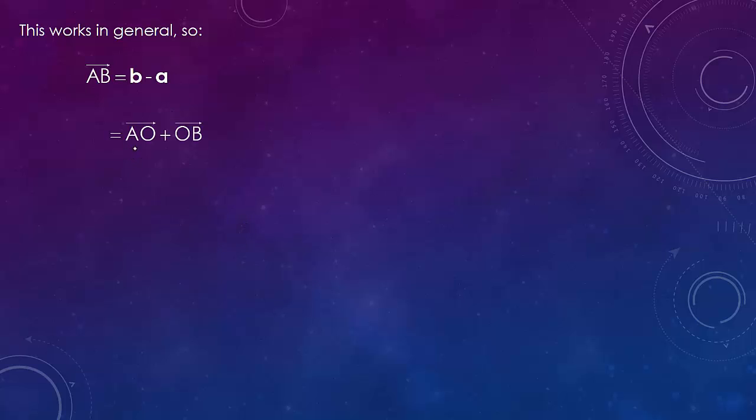We can also write that as AO plus OB. So the minus A goes backwards from A to O, and then the OB goes forwards from O to B.